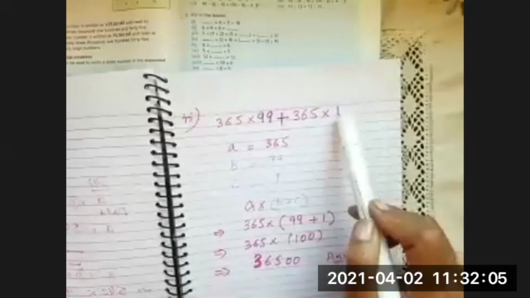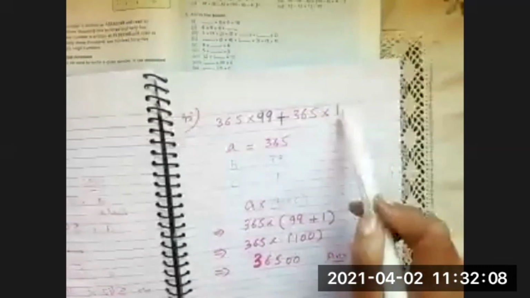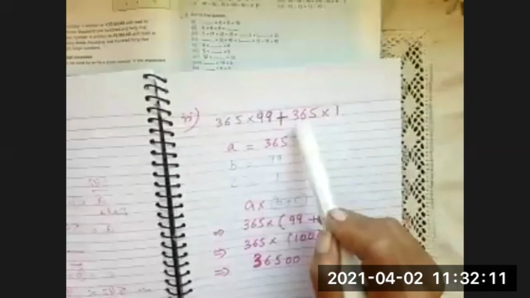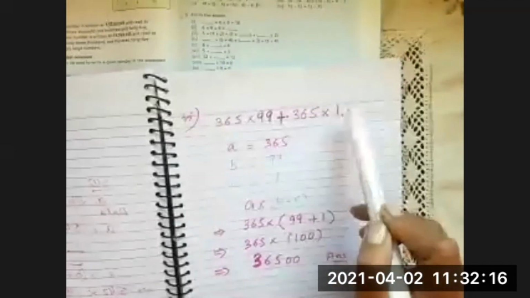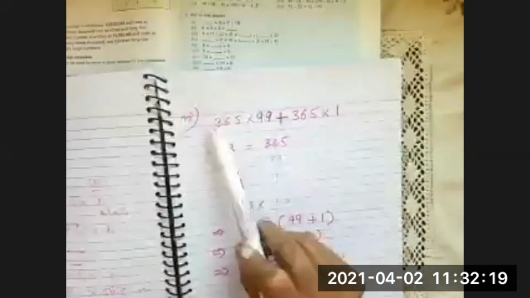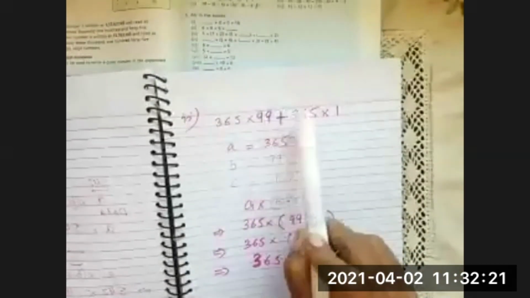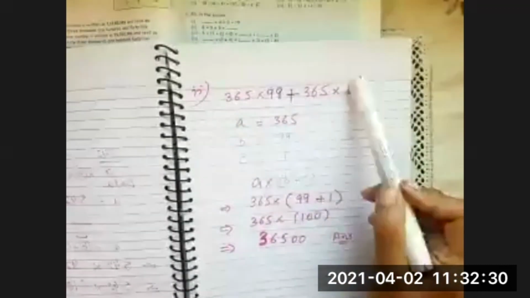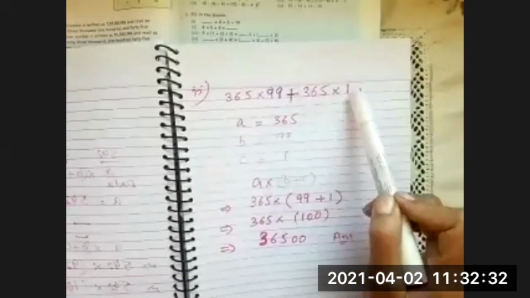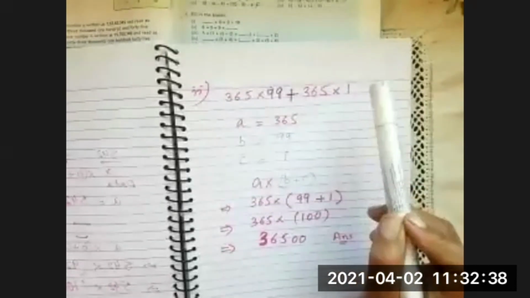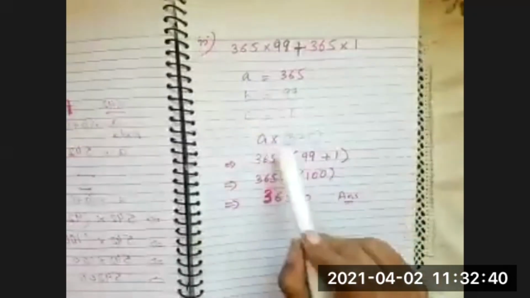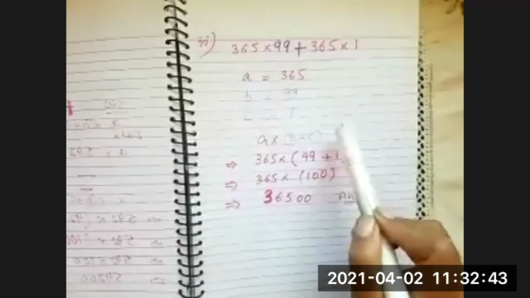For that, I have chosen 1 for the C because when we multiply 1 with 365, there is no change in 365. 365 is A, B is 99, and C is 1. The formula is A into B plus C, the distributive property of multiplication over addition.